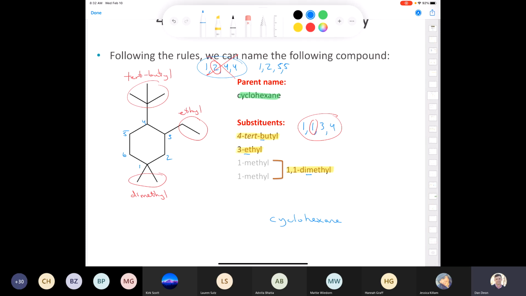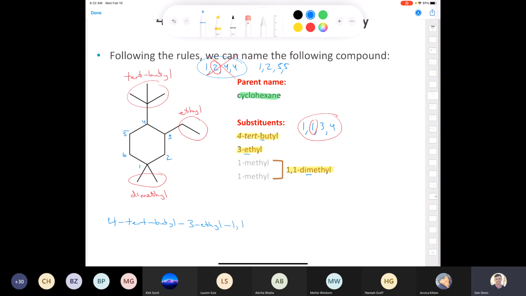So when we put all of this together, I'll just erase this and we'll start over. Let's do it. Remember, we separate numbers and letters by a hyphen. We separate numbers and numbers by a comma. And we separate letters and letters by nothing. So we're going to have a 4-tert-butyl because we start with the letter B, 4-tert-butyl, like that. After that, we have our 3-ethyl.